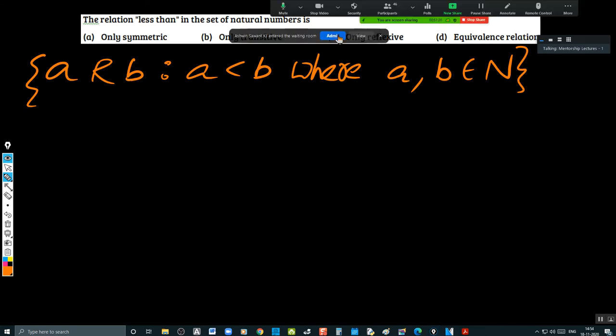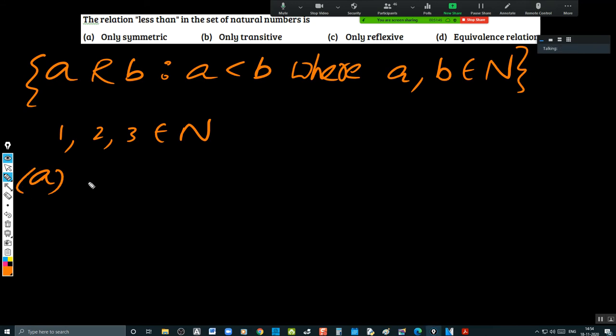You can take any example now. Like take 1, 2, 3 belongs to N. Now it says only symmetric. Let us check it out. Small a, that is the first option. Symmetric means 1, 2 belongs to R or not.